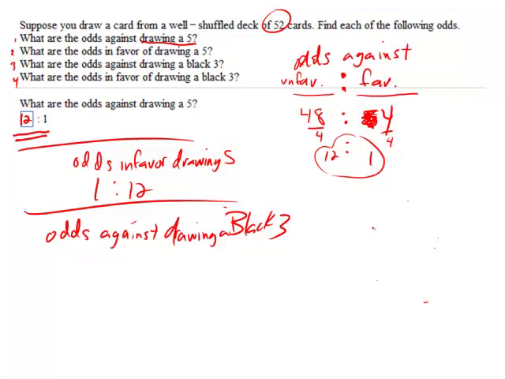Set it up again. Unfavorable to favorable. Sorry about that. Unfavorable to favorable. How many black 3s are there? 2 of them. Leaving 50 cards that are unfavorable. But once again, I think they want it to 1. So, 25 to 1.